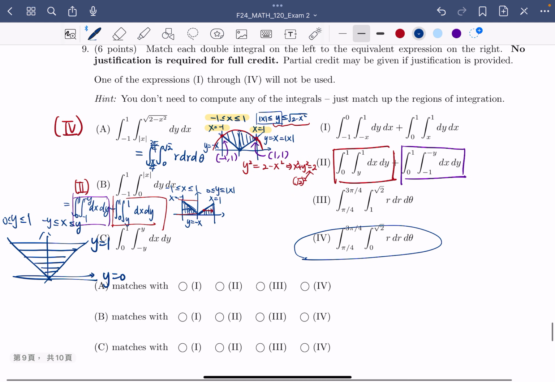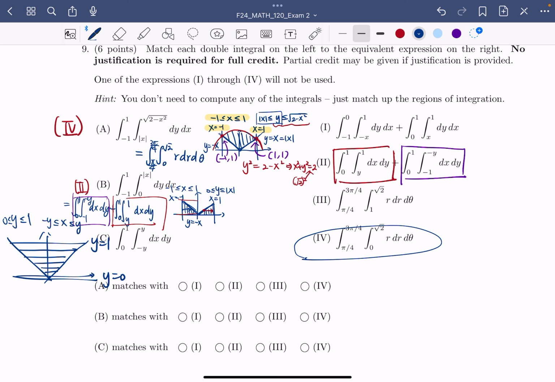And so, okay, we can change the order of integration because this doesn't really look like a polar integral, right? I would guess the answer is number 1, but let's check as well.